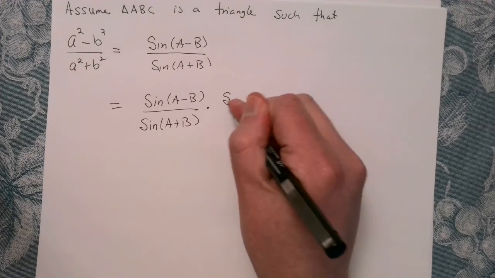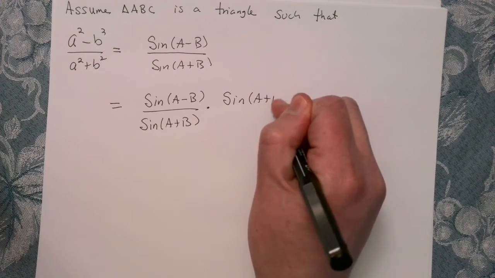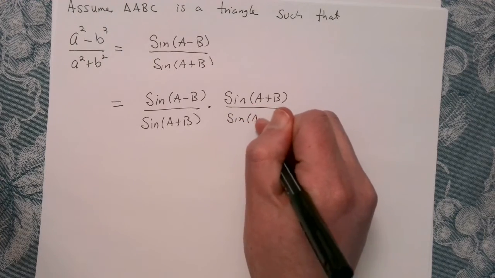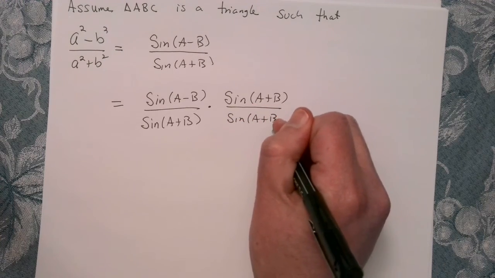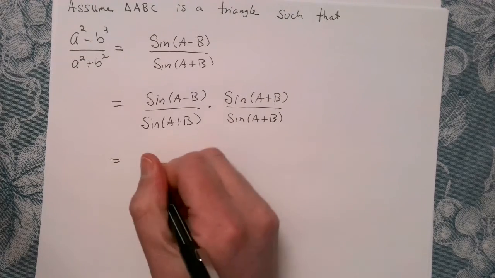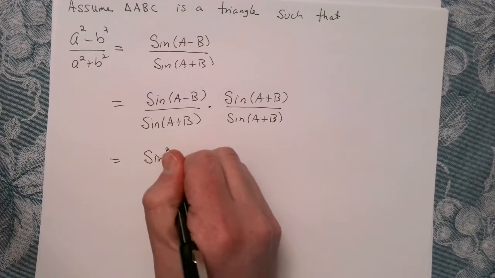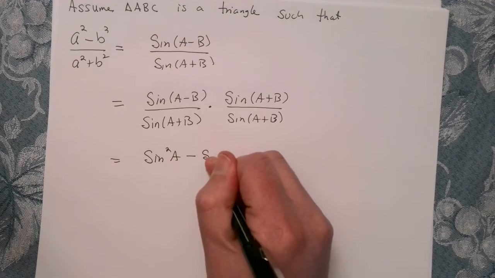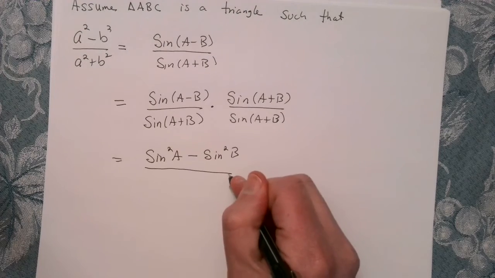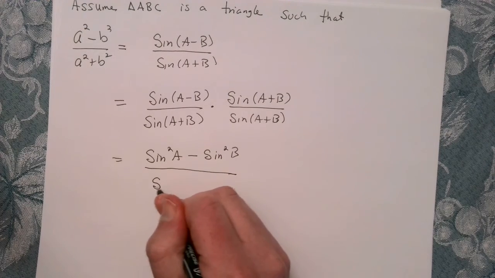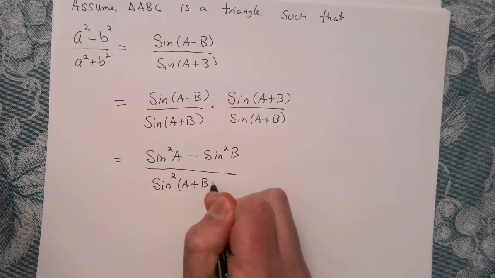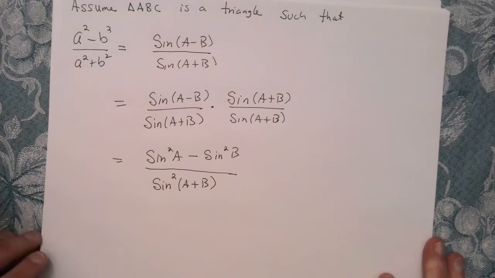So multiplying by sine of (A plus B) over itself gives us the following. By the previous video, the numerator is sine squared of A minus sine squared of B, and the denominator is sine squared of (A plus B).